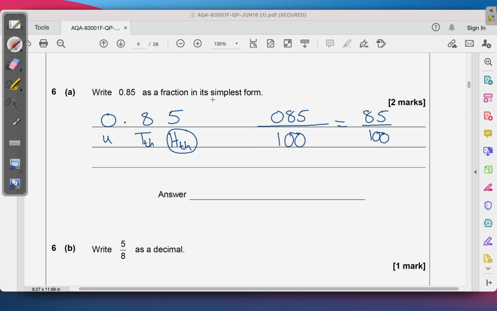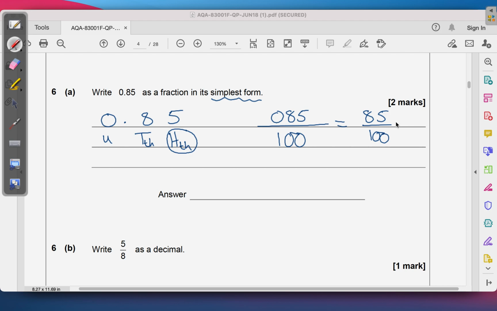Now this has been asked for in its simplest form, and the way that we do that is by dividing the top and the bottom by the highest common factor. You can work out the highest common factor by writing the numbers down and listing all of the factors that you can think of, but it's often quicker to just look at the number and think, well, what number do I think would divide into both of those? I would look at this and say, since they both end with a 5 or a 0, I'm going to try 5.